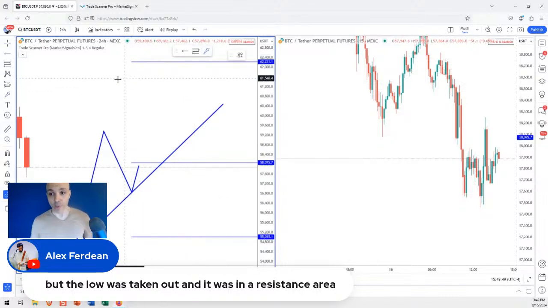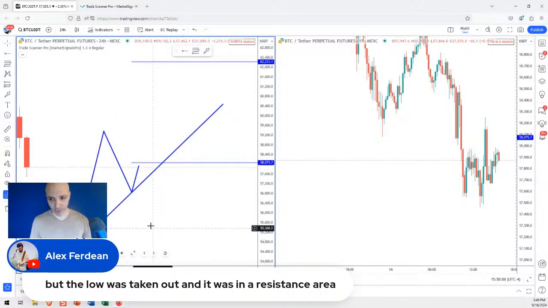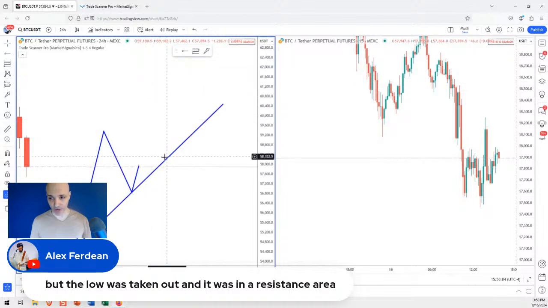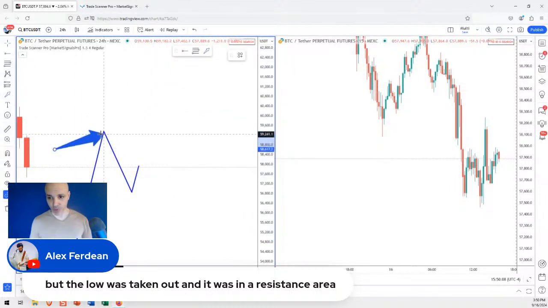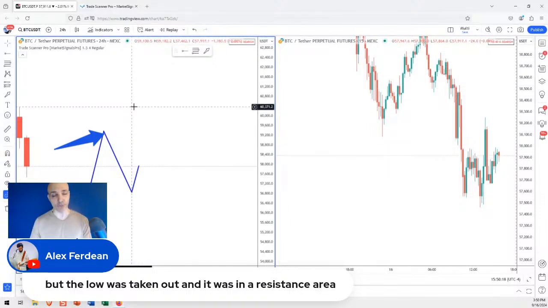Now, what separates the Trade Scanner Pro from the Trade Scanner bot is the Trade Scanner Pro can actually take counter trend signals. So this is where things can be tricky. And if you don't have experience, you're going to have a hard time with counter trend. Counter trend ignores the trend and it finds reversals like in an area like that. Now, the problem with this is most of the time, a counter trend trade is going to be a lower probability trade.